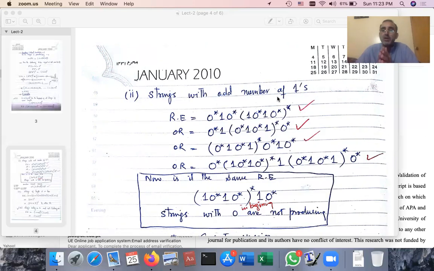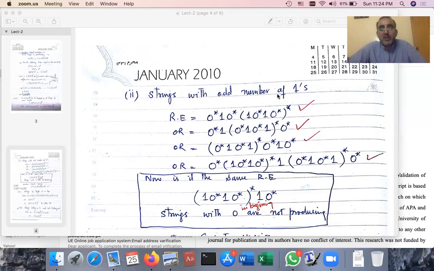But if those regular expressions are correct, then we can see that the regular expressions are different, but they are producing the same result for this language. So it is possible. That's why this one, this one, this one are written here, so that you can get the understanding that different regular expressions are possible.